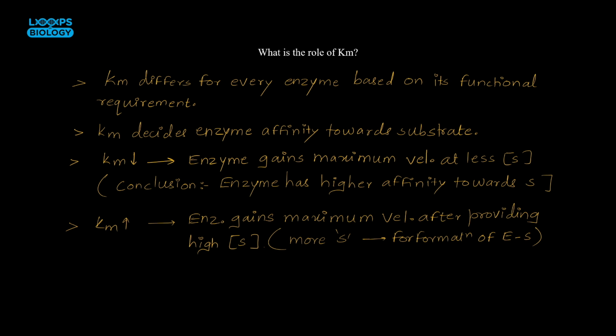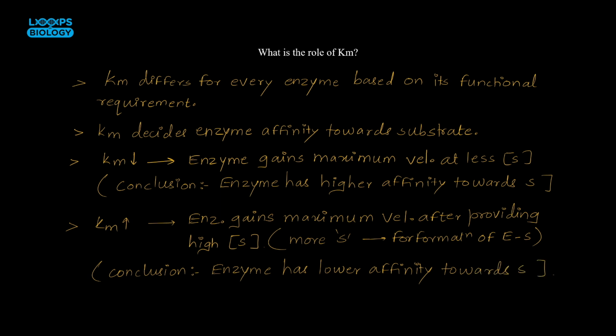So whenever I'm providing more substrate, then only the enzyme substrate complex is going to be formed. So in this particular case, we can conclude that this particular enzyme has lower affinity towards substrate.